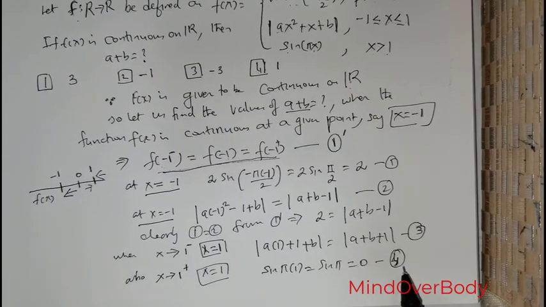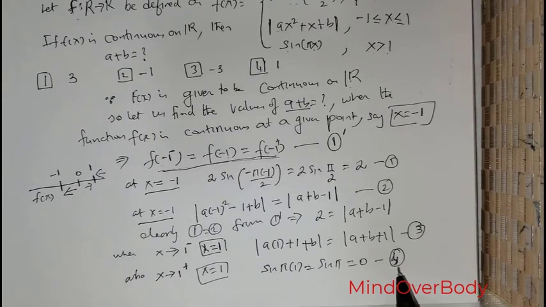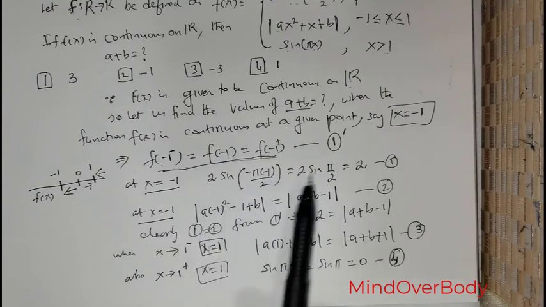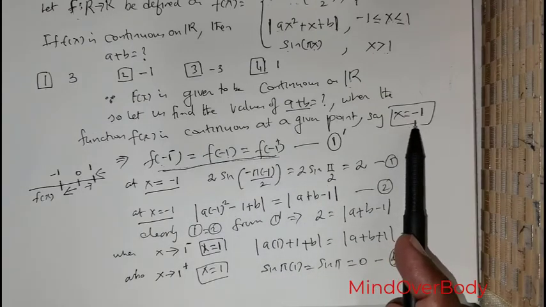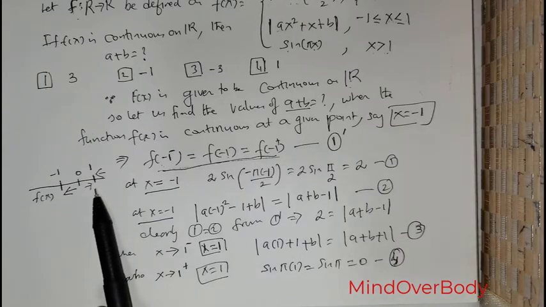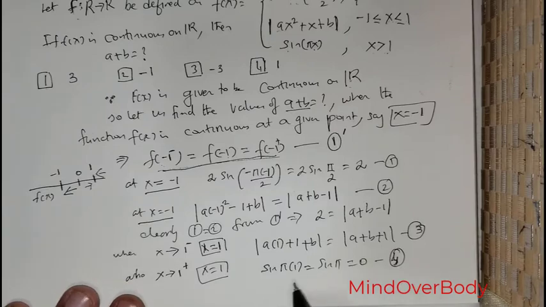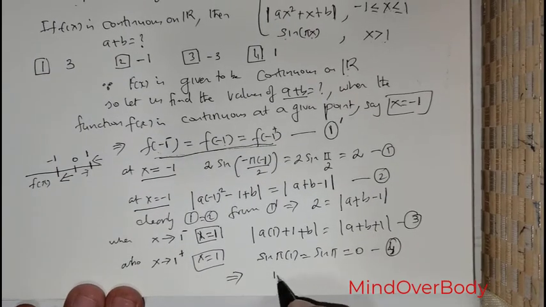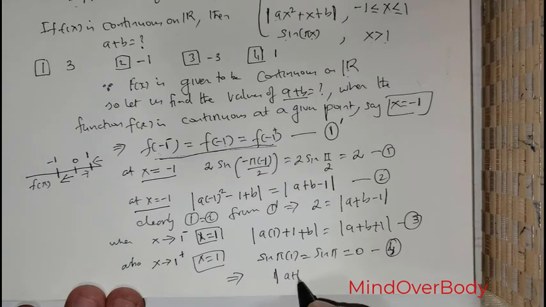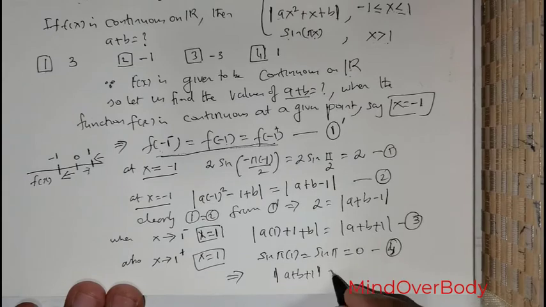So clearly 3 and 4 are equal because we are dealing with a function which is continuous. Now the only thing is that initially I took continuity at x equal to -1. Now I am taking continuity at x equal to +1. Because of this fact, 3 and 4 will be equal. So this would mean modulus of a plus b plus 1 is equal to 0.